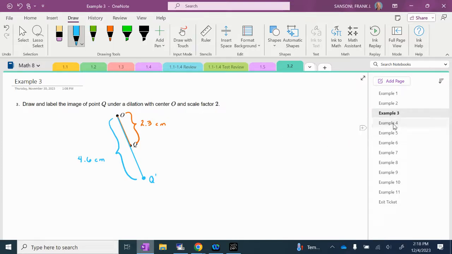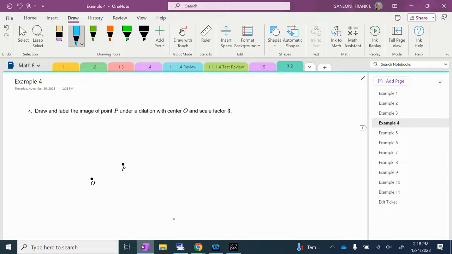We go to example 4. It says, draw and label the image of point P under a dilation with center O and a scale factor. What's the scale factor now? 3. So let's figure out what this distance is right here. That didn't straighten out again. Try it again. What is it? 2.4. Okay, so from here to here is 2.4.